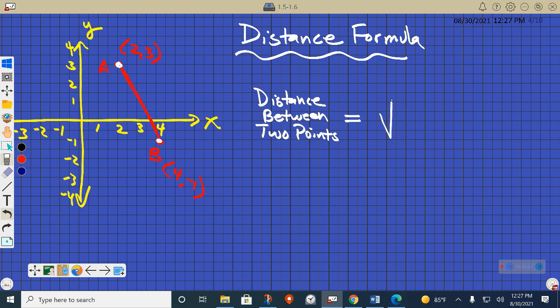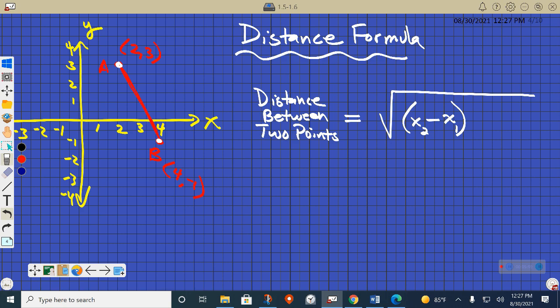It's the square root. Now, if you forgot what square root means, I'm going to go over that right now, so don't stress. You should have seen square root somewhere in your math career prior to this class, but if not, it's not a big deal. It's very easy. It's the square root of what? Watch this. X sub 2, veteran students, you already know that sub 2 stuff. We did that last week. Remember, those are just placeholders. X sub 2 minus X sub 1.